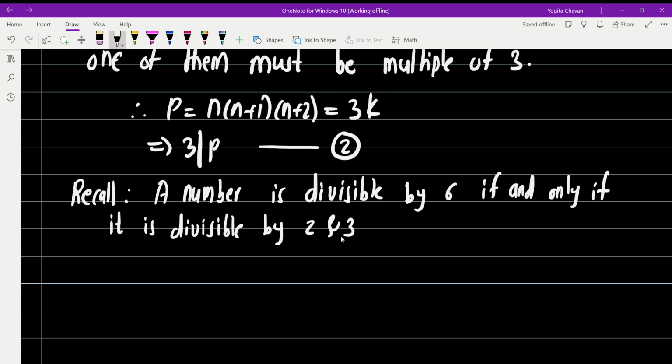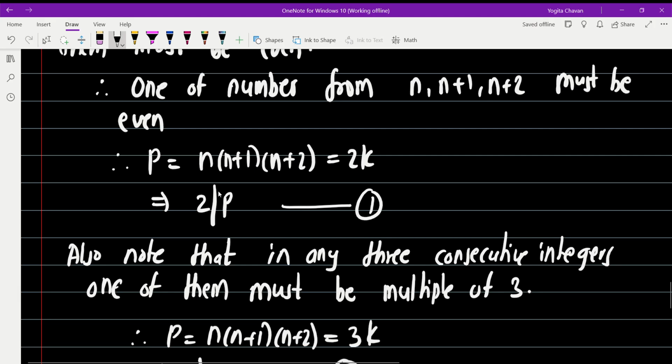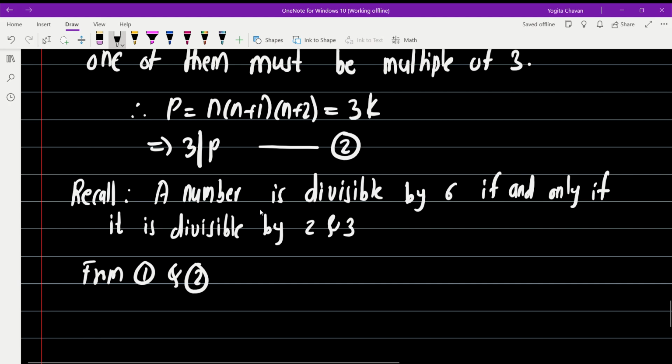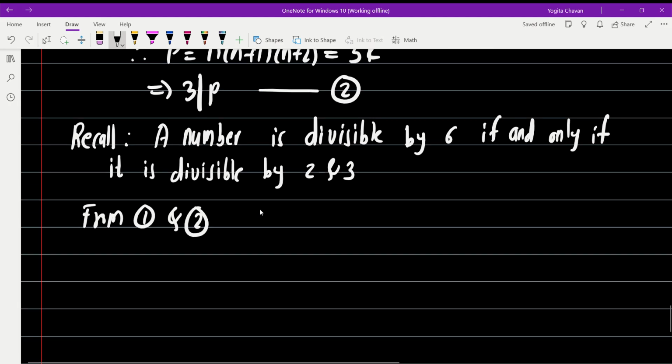So from 1 and 2, 1 में क्या है, 2 ये प्रोडक्ट को डिवाइड कर रहा है, और 2 में क्या है कि 3 डिवाइड कर रहा है प्रोडक्ट ऑफ थ्री कॉन्जिक्यूटिव इंटीजर को. So from 1 and 2, 6 divides p, and what is p? P is nothing but the product of three consecutive integers.